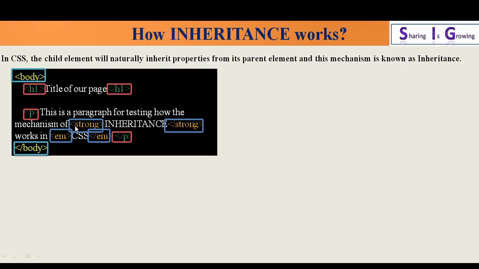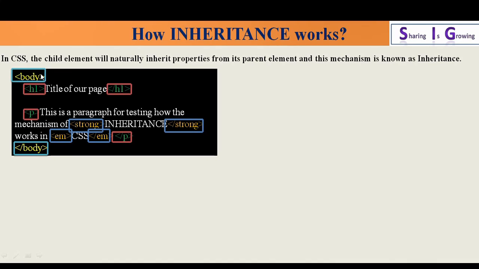That means the strong element and the emphasized element are the grandchildren of the body element. So when you apply something to the body element, all those properties will be applied to both the p tag and the strong elements also. That is the concept of inheritance, acquiring the properties of the parent element.